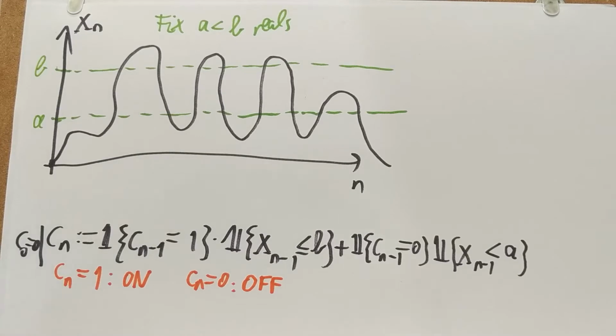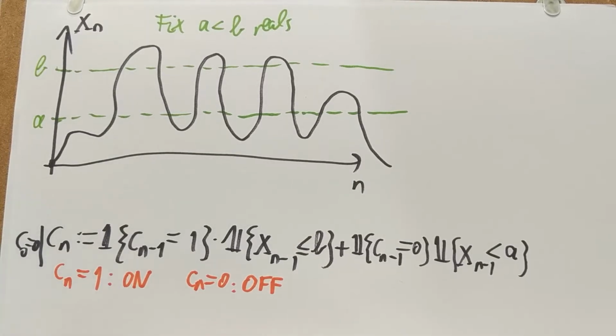So at most exactly one of these two indicators will be 1, which means that this C_n process can never be 2. It can be 0 or it can be 1. So that already justifies on-off because it's a 0-1 process.